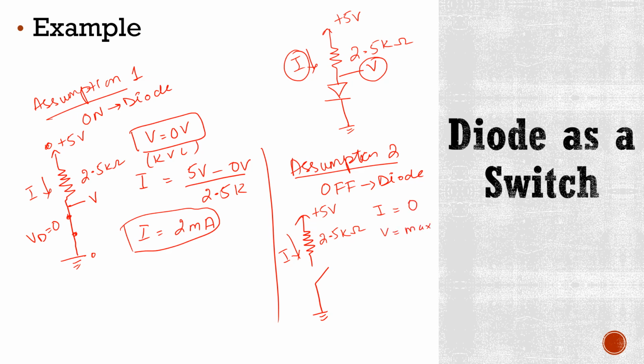It means all this source voltage is given to this node V. It means V is equal to 5 volts, and here I is 0 milliamperes. It means in case of non-conducting diode, there would be no current flowing, and due to this, maximum voltage will appear at this node V.